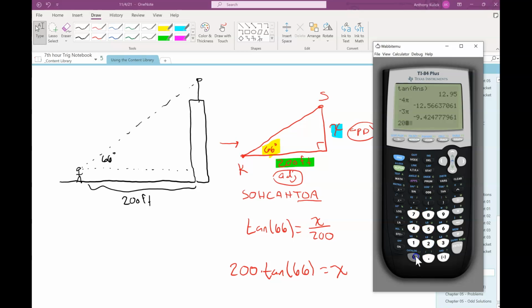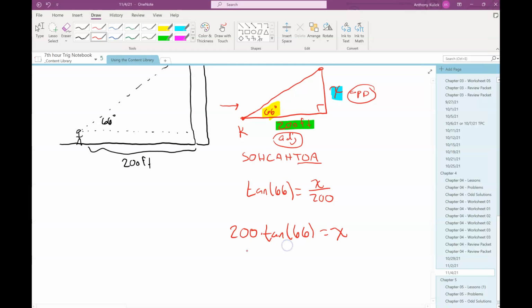Okay, so 200 times tan 66. So I get 449.2 is my value for x. That's not too bad, right?